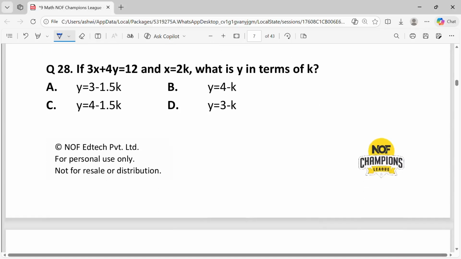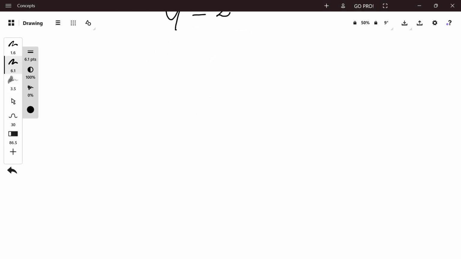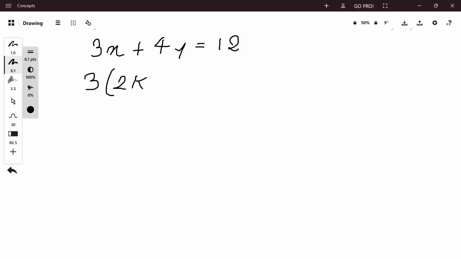Question 28. If 3x plus 4y is equal to 12 and x is equal to 2k, what is y in terms of k? 3x plus 4y is equal to 12. 3 times 2k plus 4y is equal to 12.